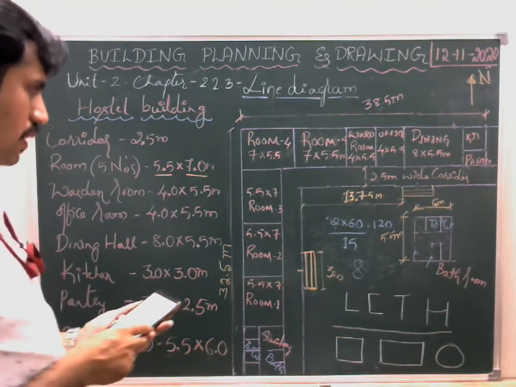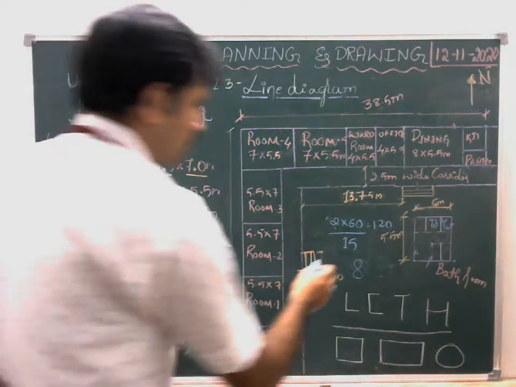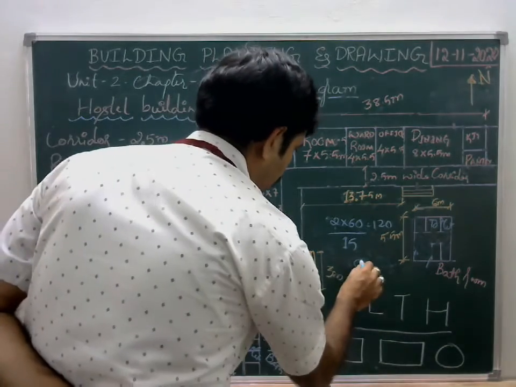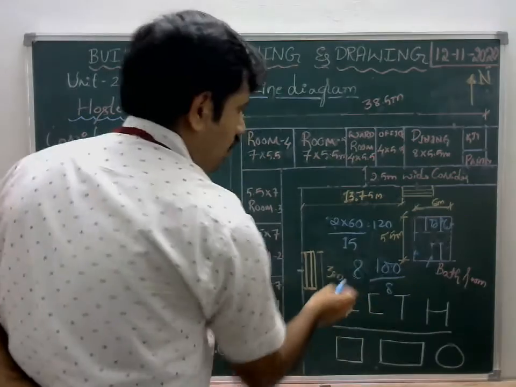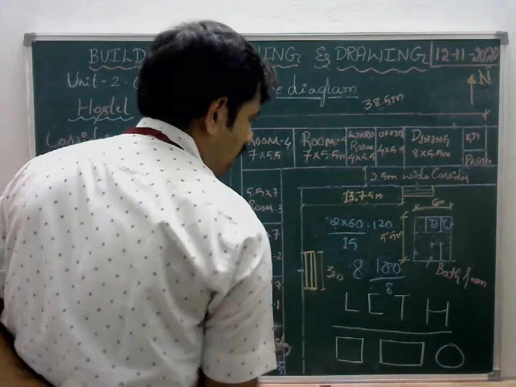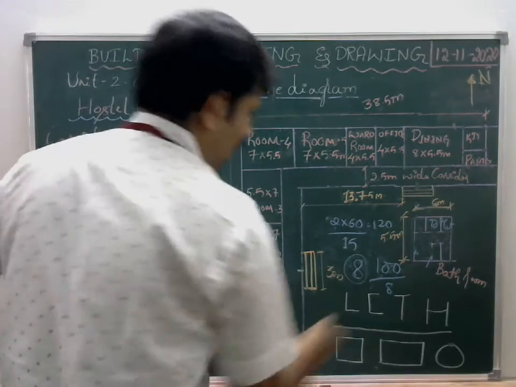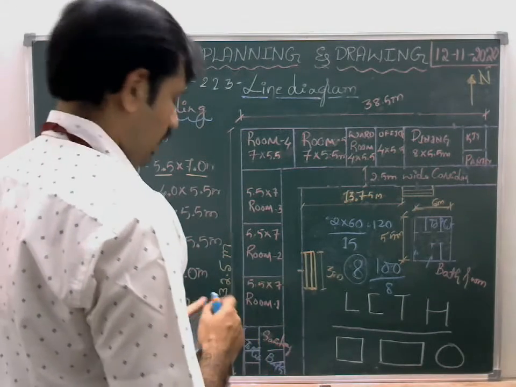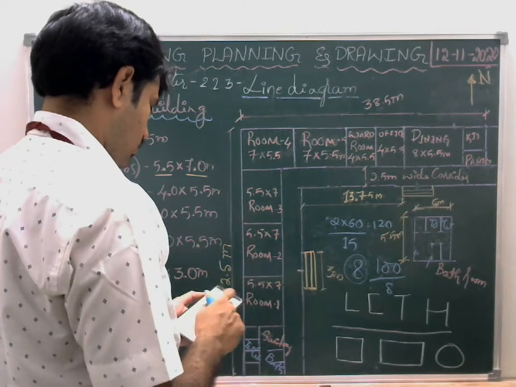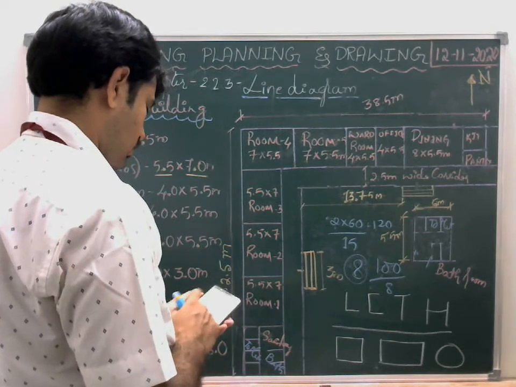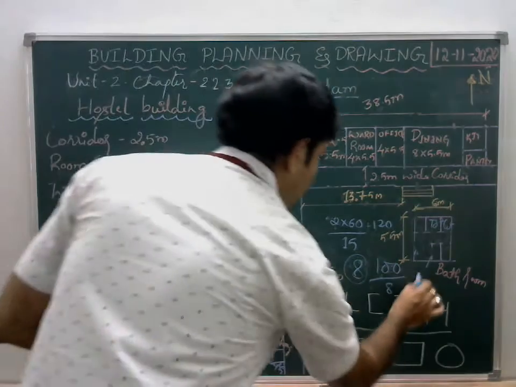That means in 2 hours, if you provide one toilet, it will take 8 people. So 100 divided by 8 takes around 12.5.